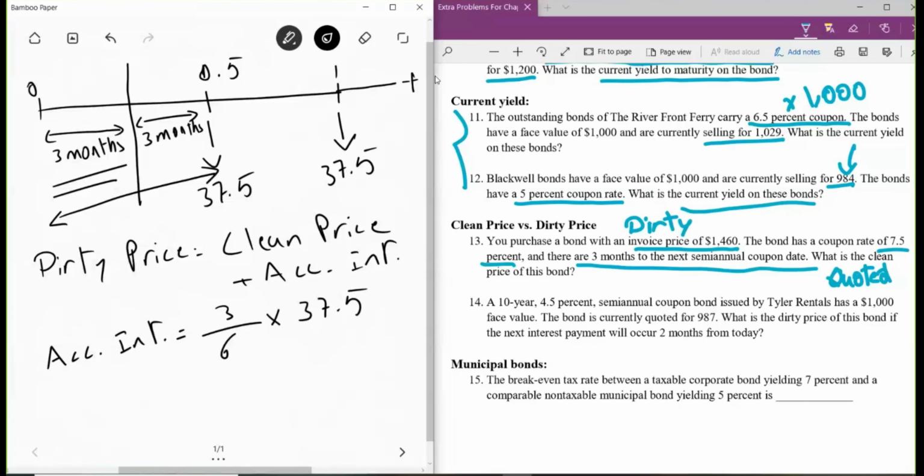And remember here I'm using this 3 months and not the second 3 months. So the accrued interest is 18.75.